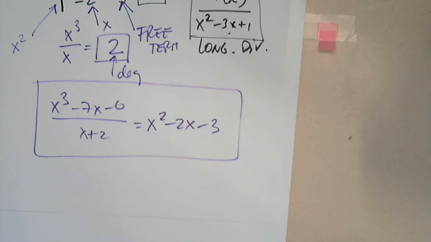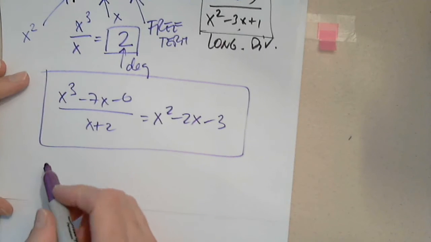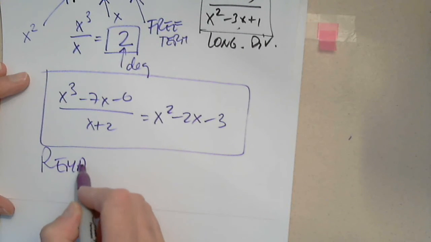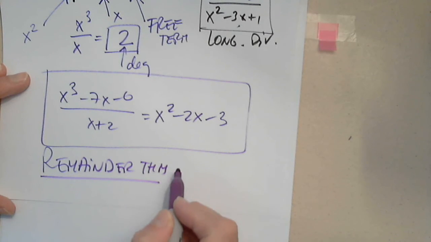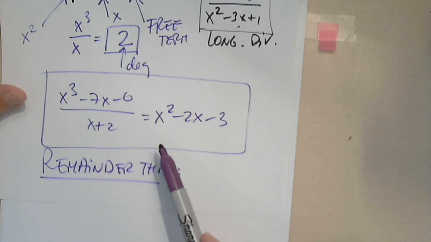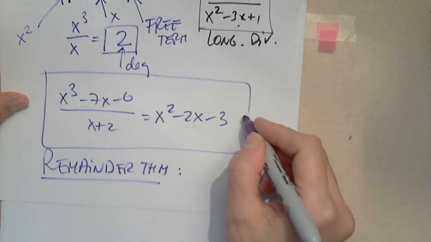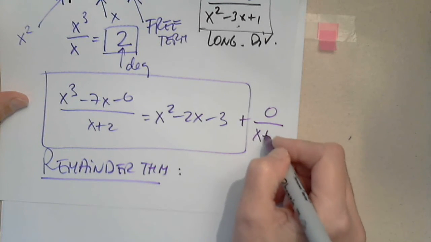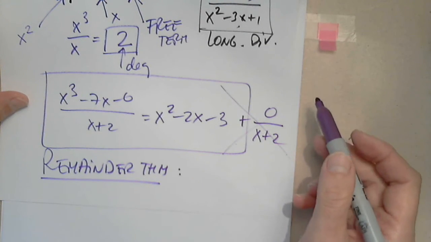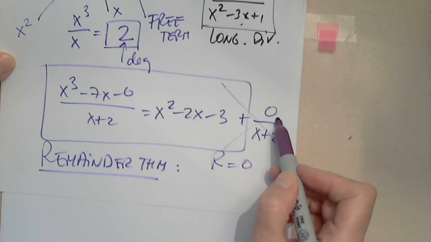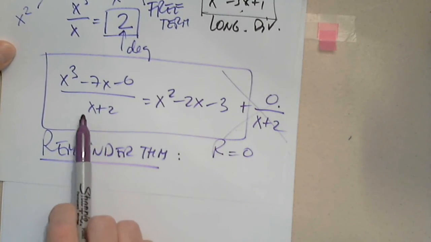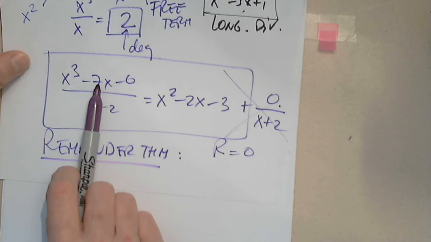So now you were asking about the remainder theorem. Since I could write this, there is no need. But the remainder is 0. If the remainder is 0, then I know that x plus 2 is a factor of this.